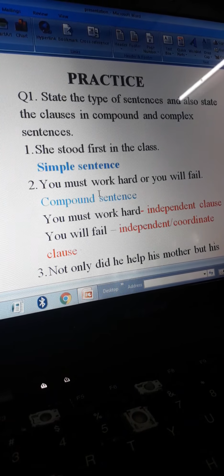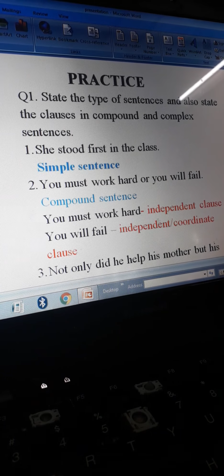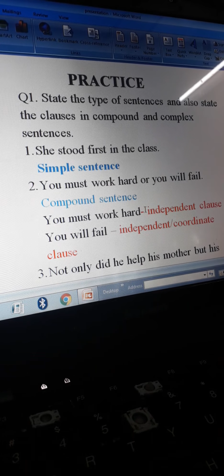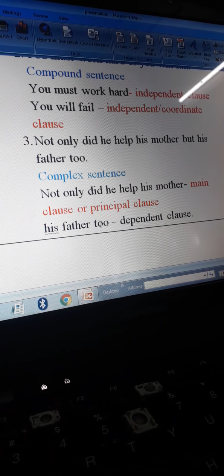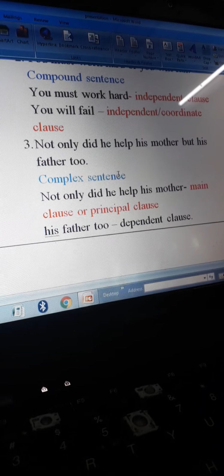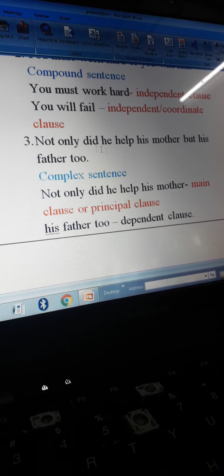Okay, if they are making good sense on their own, then they are independent clauses and it is referred to as a compound sentence which consists of two independent clauses. And if one of the clauses is depending upon the first clause for its meaning, then it is a complex sentence. First part will be the main clause and the second part will be the dependent clause.